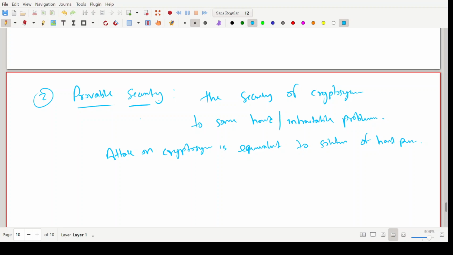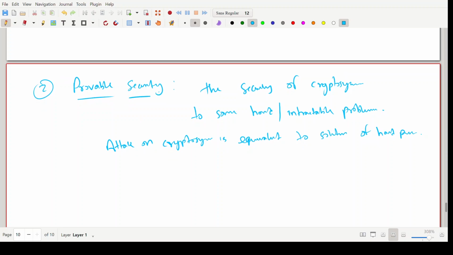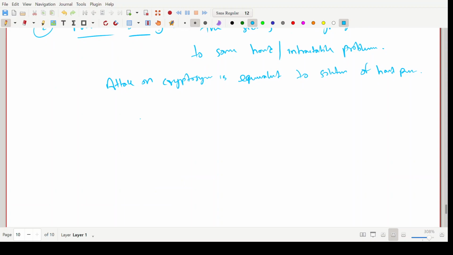That means if you are able to solve this intractable problem, then you are able to attack the crypto system. Third is unconditional security.